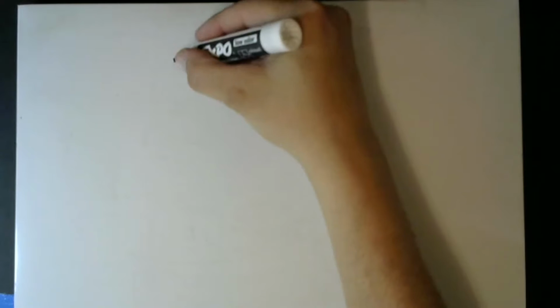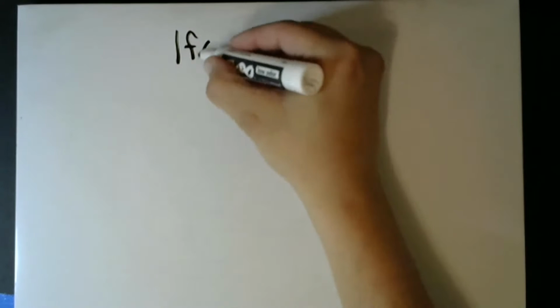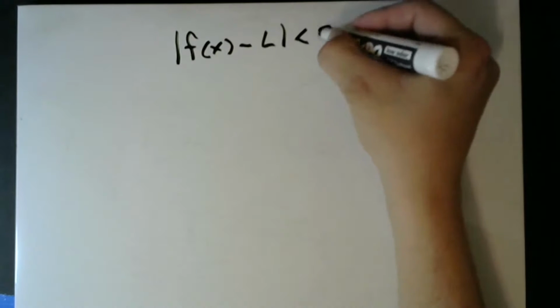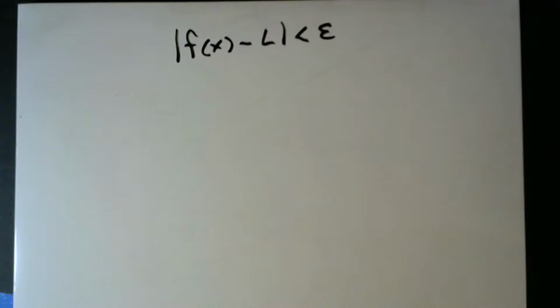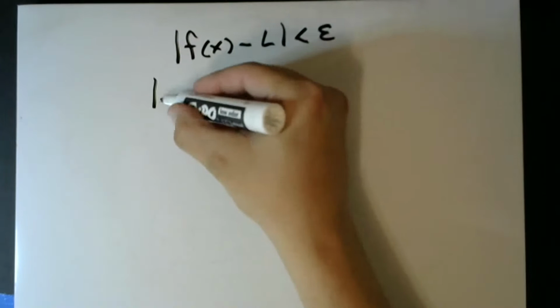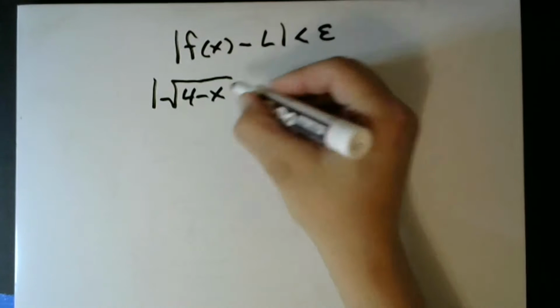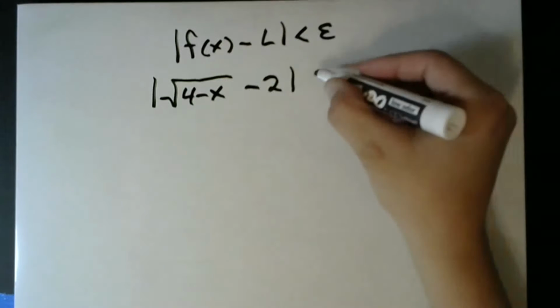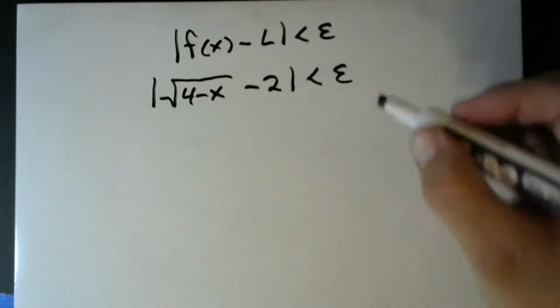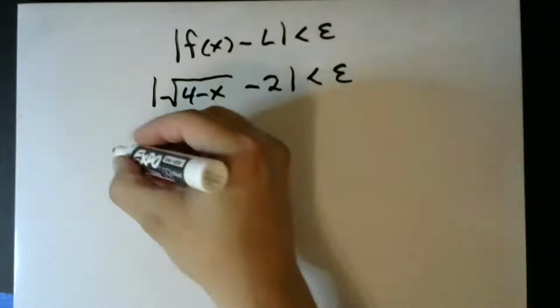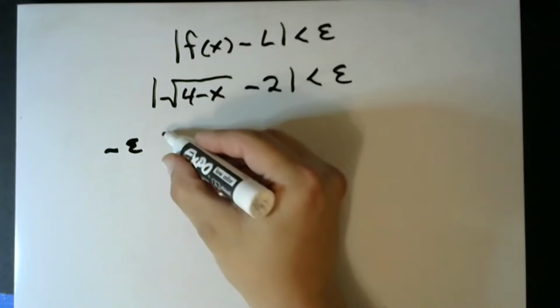So we're going to start this out like we did in the review. So the steps we're going to follow are the same as in the review, except we're going to use a little trick. It's going to get us out of a little conundrum. And again, it's similar to a trick we used when we had that other example where epsilon was 0.1. So we can break this down like this.